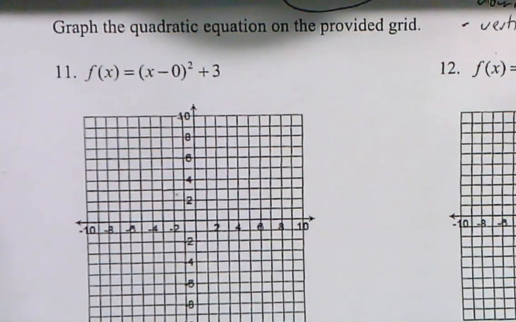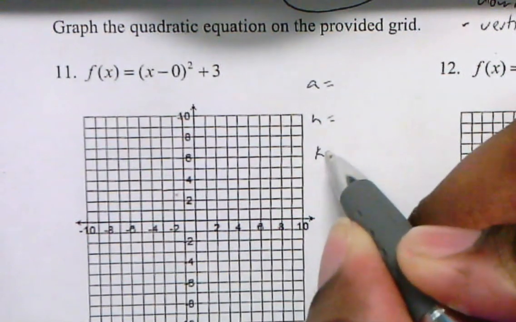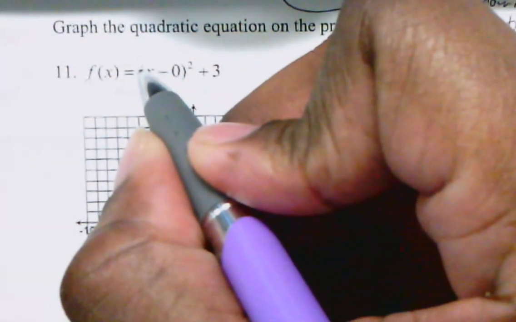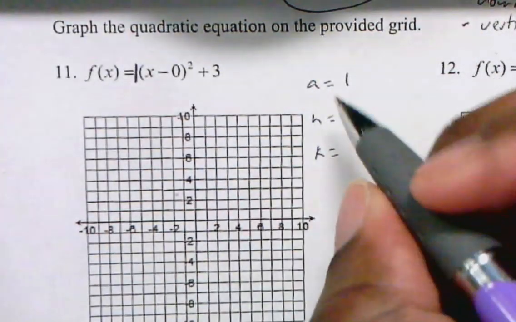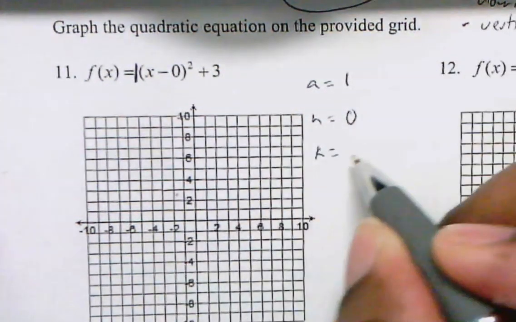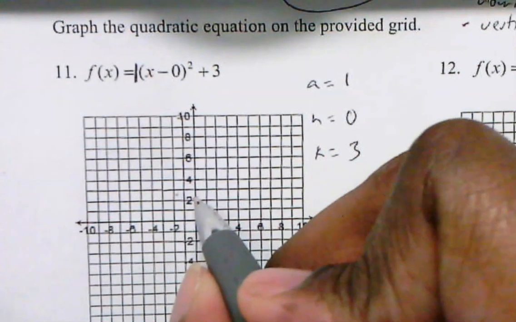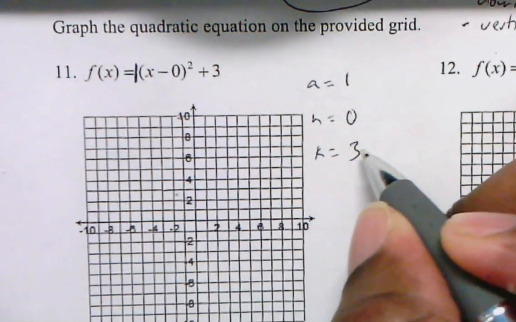All right, go on here. It says graph the function given the information. So I need A, H, and K to graph it. A is the number in front of the parentheses, and there's no number there, so it's an understood 1. So A is 1. H is 0. K is 3. So I graph that function. I know I should shift no place left or right, but up 3.